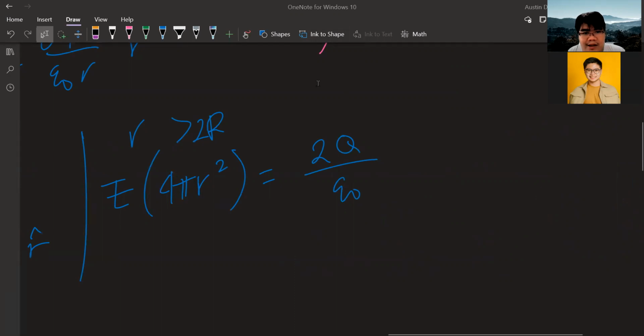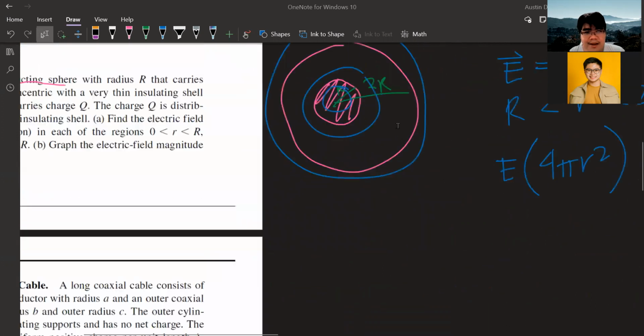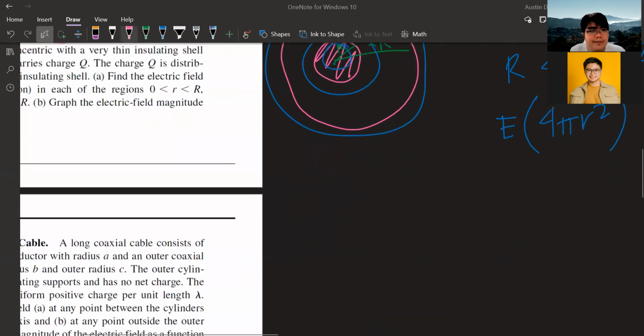Okay, sir, may tanong sa atin, sir, paano po yung extra na charge na nasa fraction of volume ng insulator na enclosed po for R within R and capital R to 2R? Hindi po ba additional charge na yun? Okay, ito lang yung mga system natin.